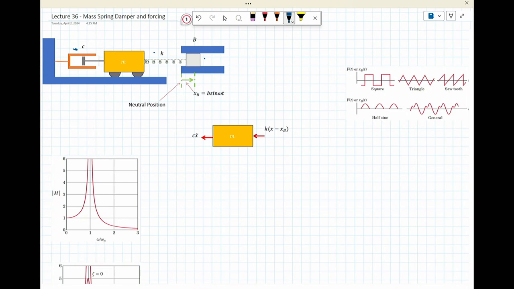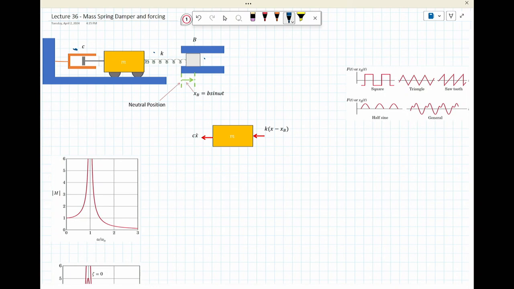It starts at a neutral position, which is the far left of those two blue rectangles, and as it displaces, it stretches the spring. As the spring is stretched, there's a force applied, and that becomes a time-varying force.